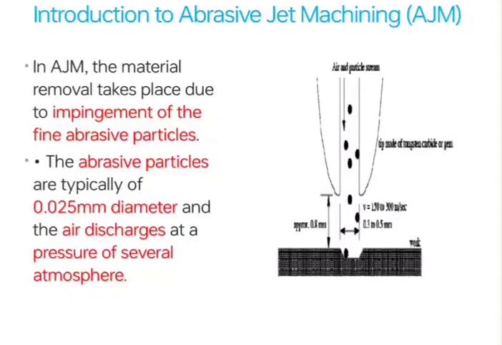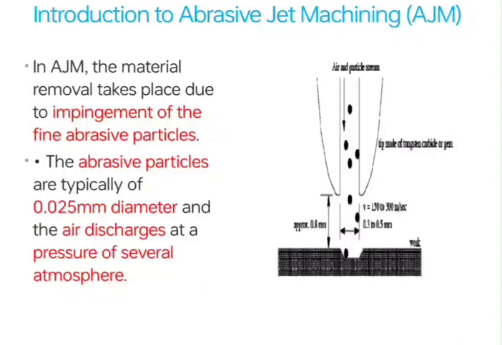In abrasive jet machining, the material removal takes place due to the impingement of fine abrasive particles. Here you see the diagram. The high velocity air with abrasive particle stream is passed through the nozzle and impacts the workpiece.